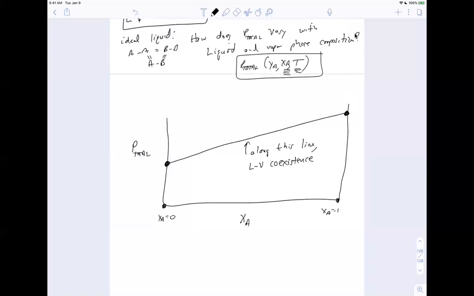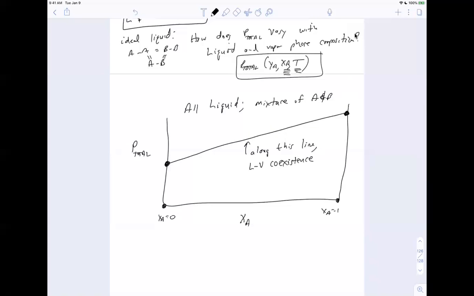Now, if we go above that line, at any composition, we have all liquid, okay, but it's still a mixture. Of course, not at the endpoints because there the mole fraction of one species goes to 0, but anywhere along that line, we still have a mixture of A and B. Okay.